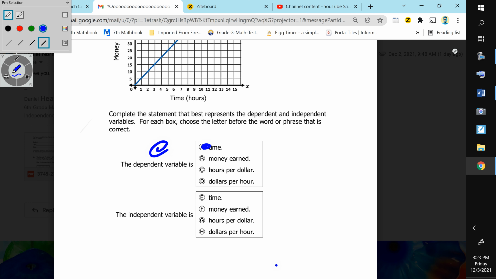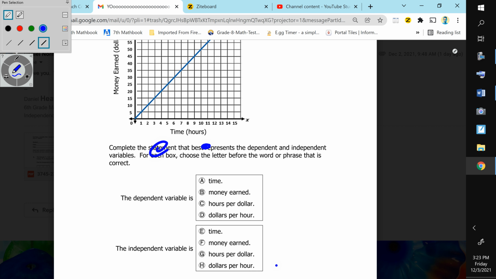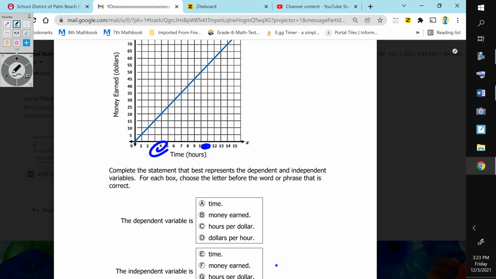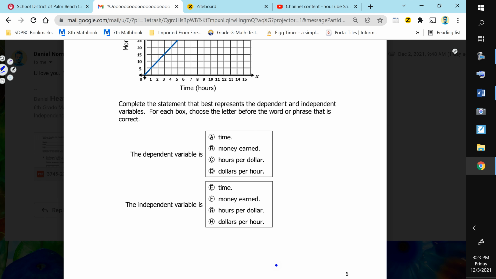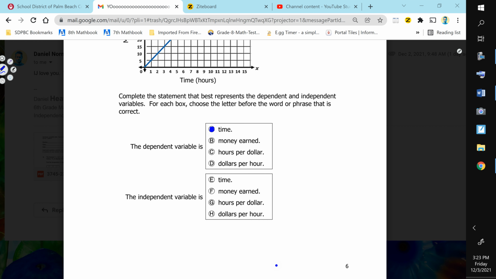I don't know. Toolbox? Maybe? Star? This? No, that's not gonna work. Oh well, I tried. So time is independent, and then the dependent is the money that you make, the money that you earn.